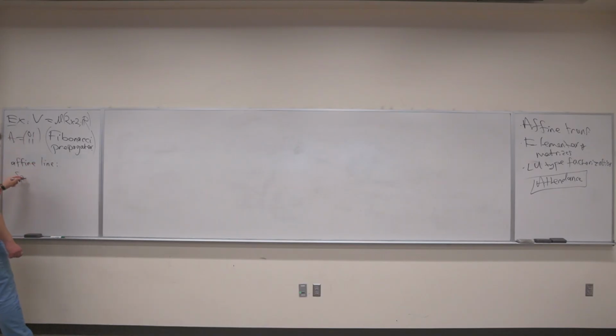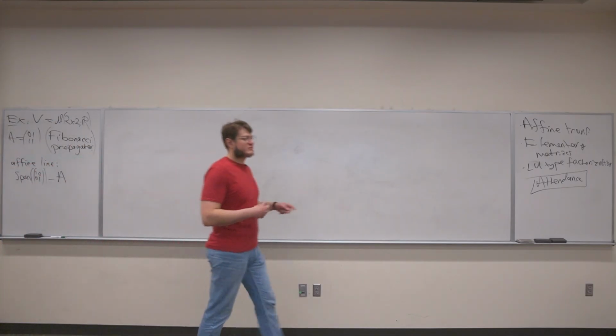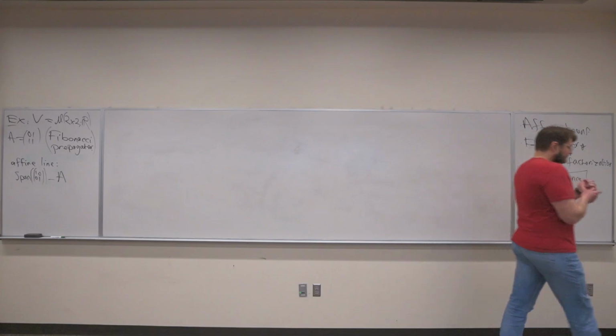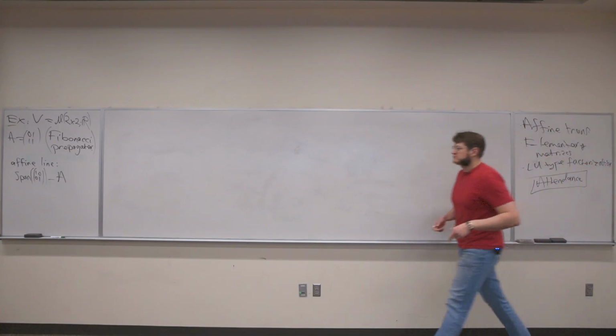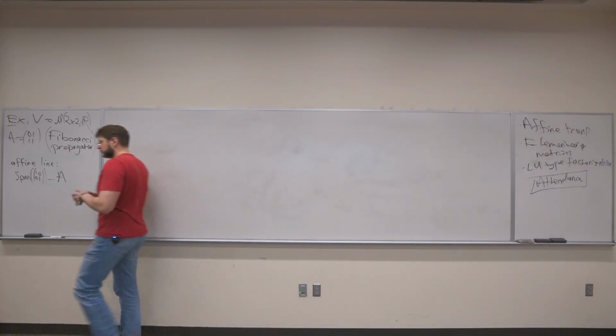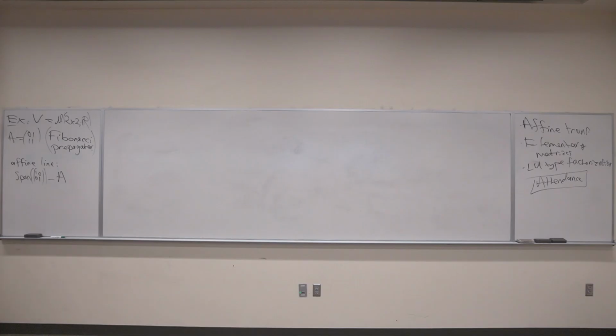The span of 1, 0, 0, 1 is a subspace of V, the 2 by 2s, but then I translate it using this A. The issue is, in this 4-dimensional space of 2 by 2 matrices, some matrices are invertible and some are not.